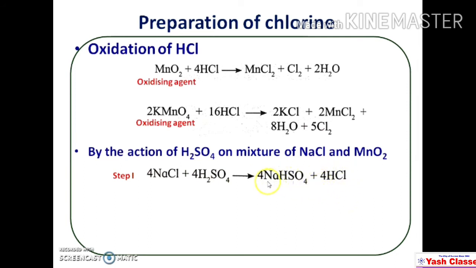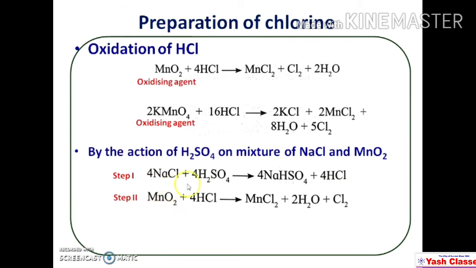Along with we get sodium hydrogen sulfate. But here one important product is formed, that is hydrochloric acid. Now as soon as this hydrochloric acid is formed, it reacts with manganese dioxide, and manganese dioxide is an oxidizing agent that already I explained here. It acts as an oxidizing agent and it oxidizes hydrochloric acid into chlorine. So in step 1 there is a formation of hydrochloric acid which is oxidized by manganese dioxide in second step.